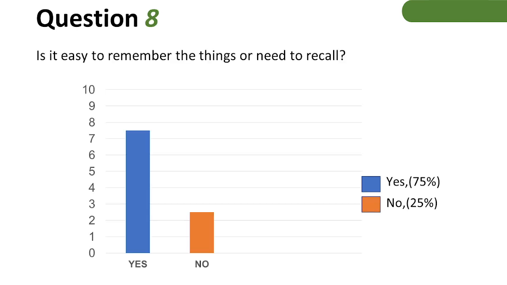The eighth question of my interview was, is it easy to remember things or is there a need to recall? 75% of them said that things are easy and there is no need for any recall to recognize things. But 25% disagreed. They said that it is not easy to remember things, and they need to recall things to recognize them.